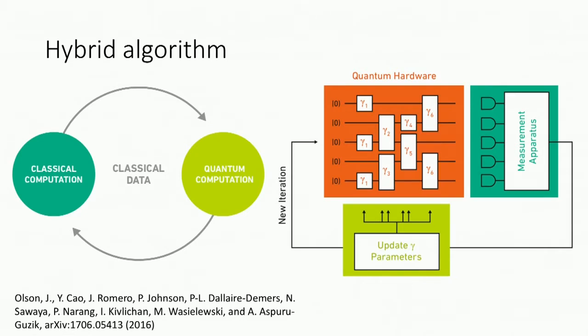For each round of the algorithm, we use some parameter setting, run it, and perform some measurement. Then based on the measurement outcome, we update the parameters, for example by gradient descent or other algorithms. Then with the updated parameters, we run the hardware again and again to achieve some goal. This is a quick example of the hybrid algorithm.